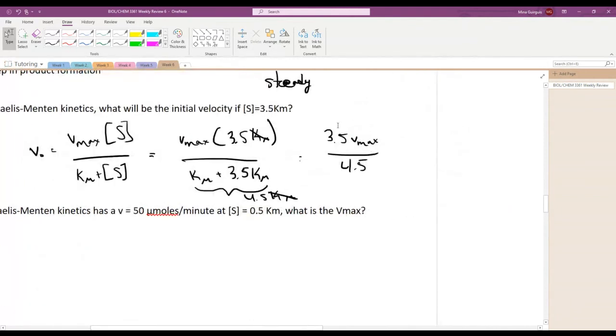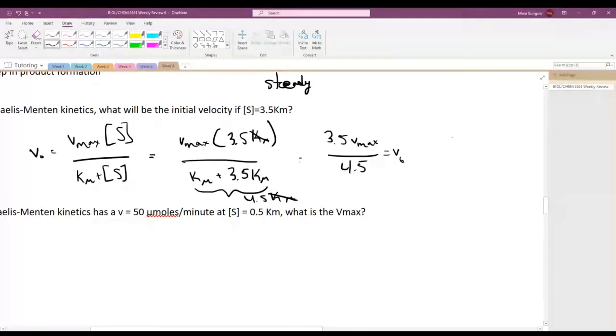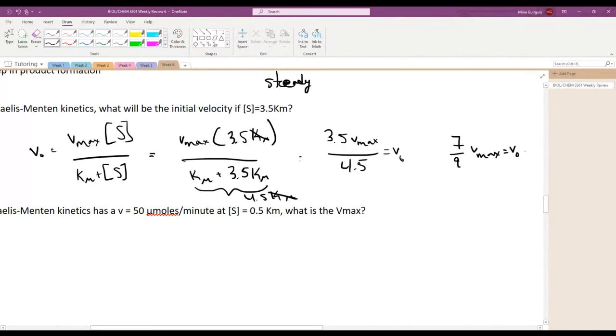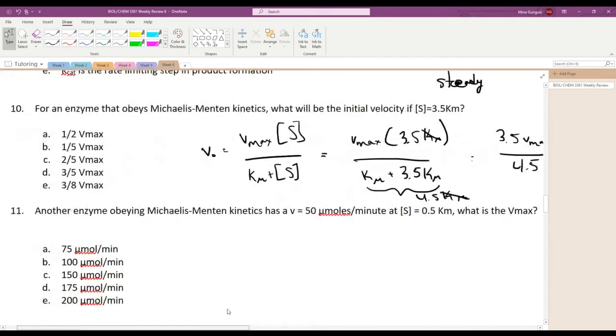So if it's 3.5 Vmax over 4.5 equals V0, I don't know how to do that in my head, so I'm just going to double them both, and we get 7/9 Vmax equals V0. I apologize, I must have written something down wrong on the left. On the multiple choice, just ignore those. So that's one of the ways we can use the Michaelis-Menten equation.